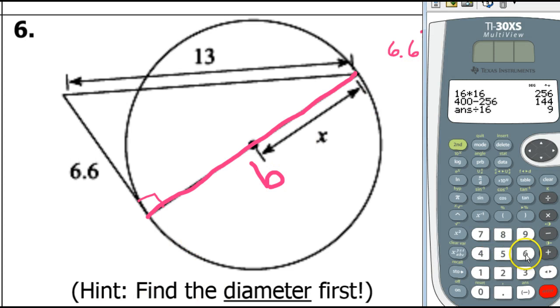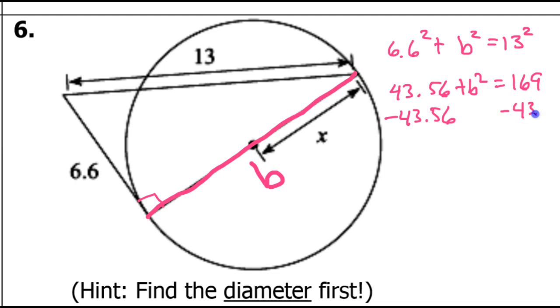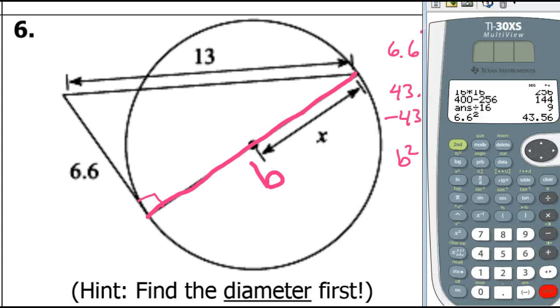So, all right, 43.56. So now I'm going to subtract 43.56. So I'll have b squared is equal to 125.44.